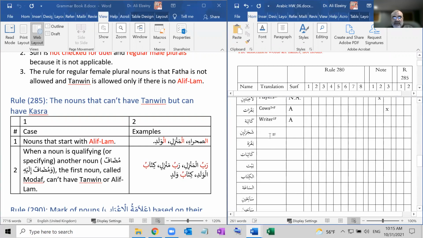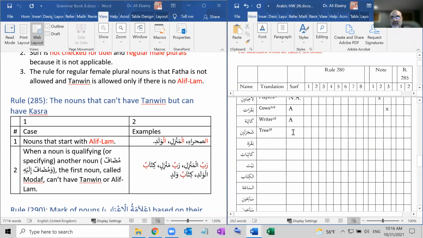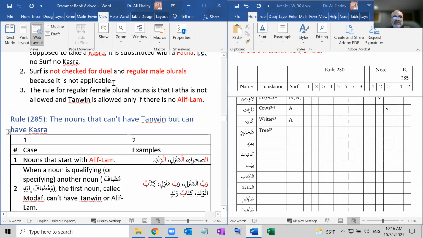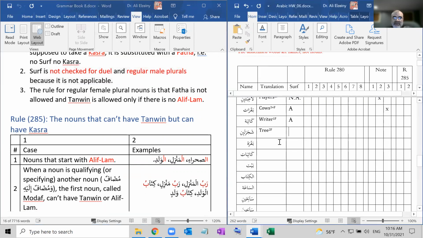Shajaratayn, according to rule 250 and Google Translator, it's 3 2F. Okay, so as we know before, according to rule number 2, which is note number 2 here, it is not applicable for dual.